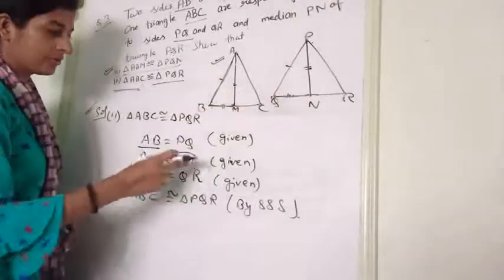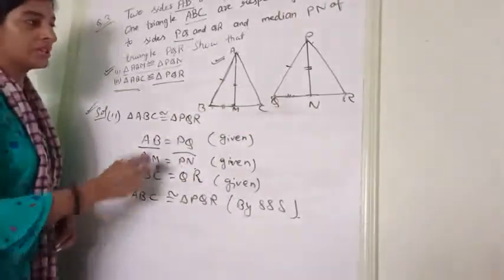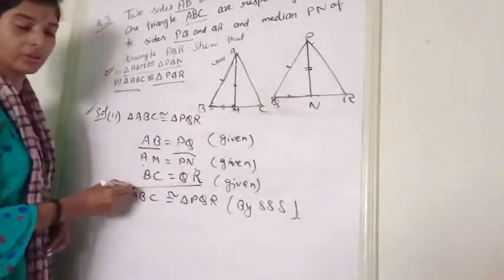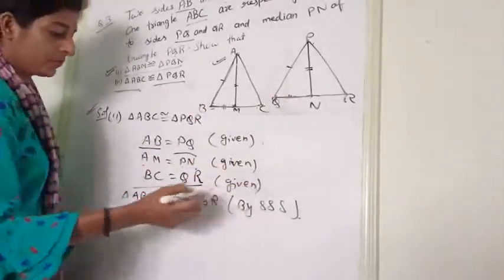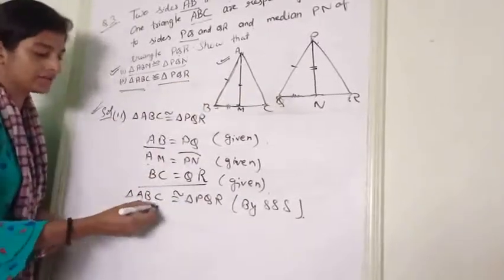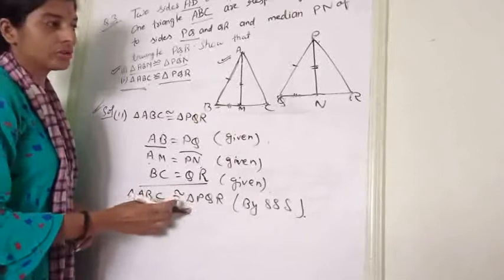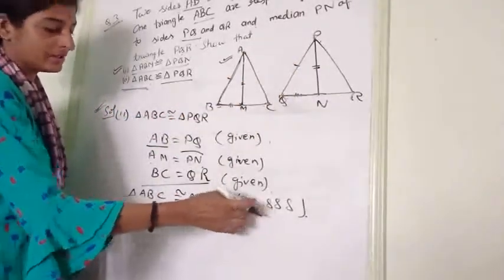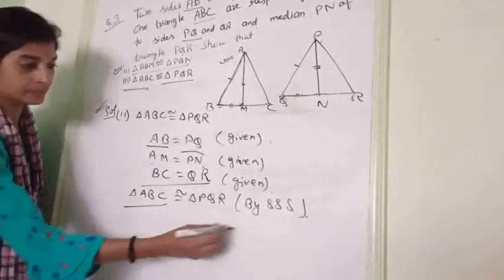These two are also given. And now BC is equal to QR. This one is also given. Because all three are given, we can write that triangle ABC is congruent to triangle PQR by the criteria SSS. Okay.